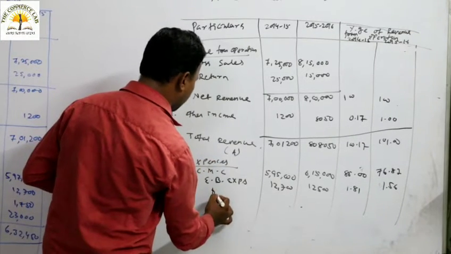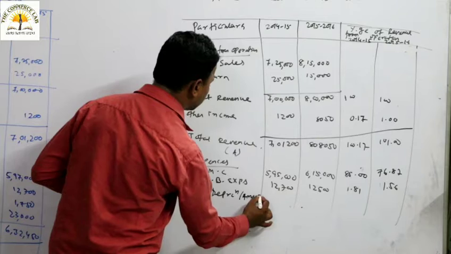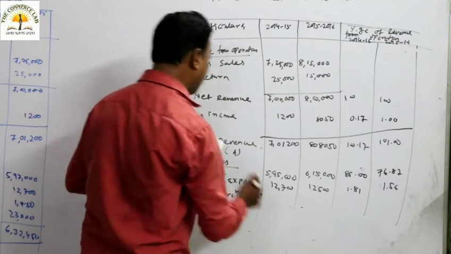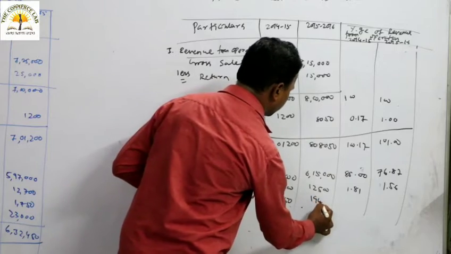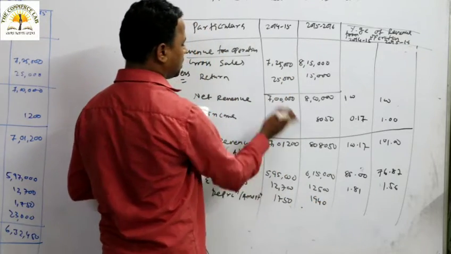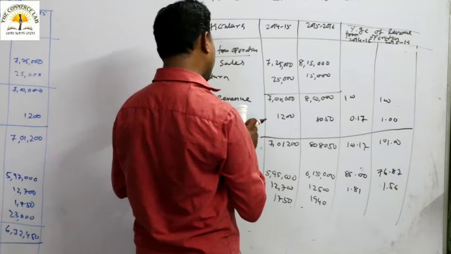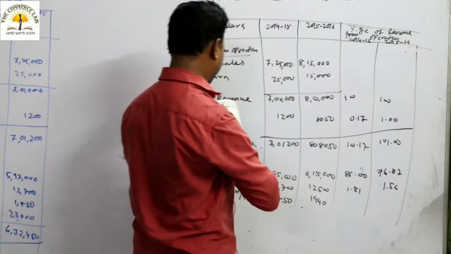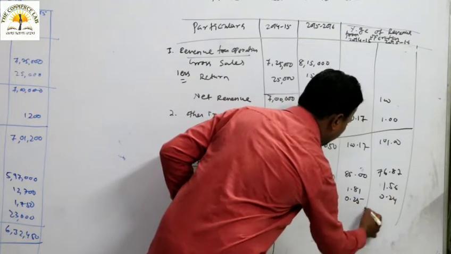Similarly, depreciation and amortization is given as 1750 and thereafter 1950. So 1750 divided by 7 lakh, then 1950 divided by 8 lakh. You get 0.25 for this one, and 0.24 for this one.